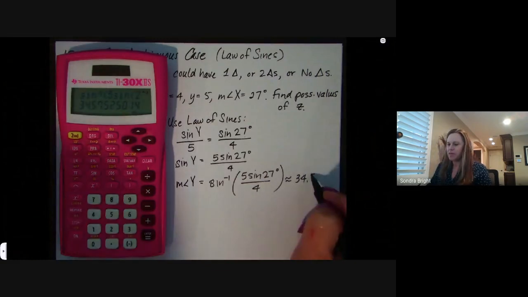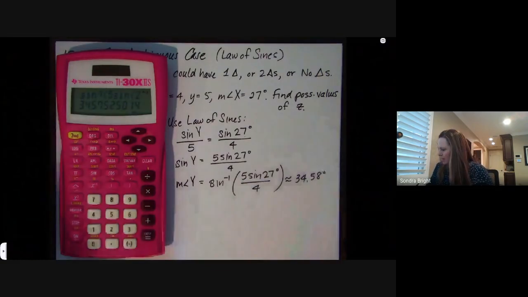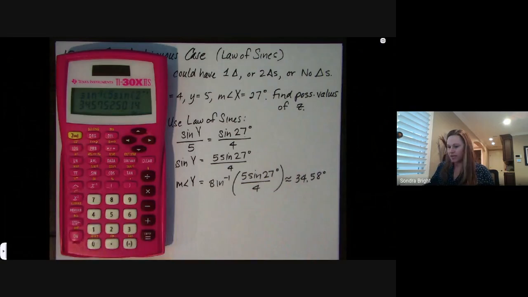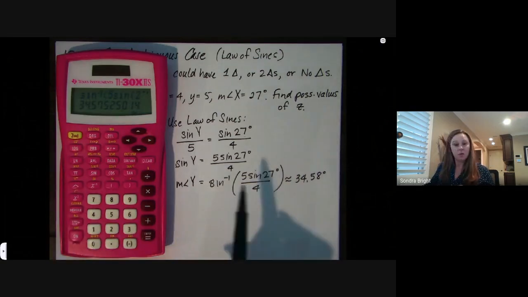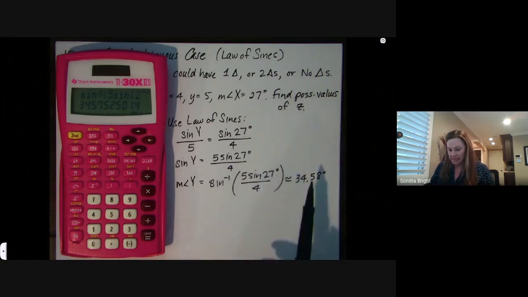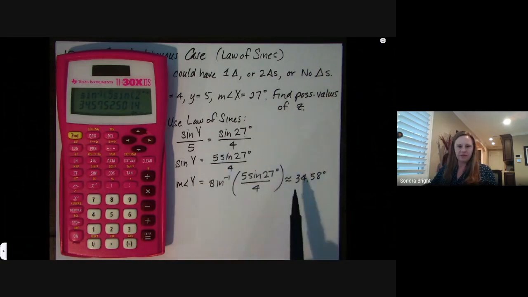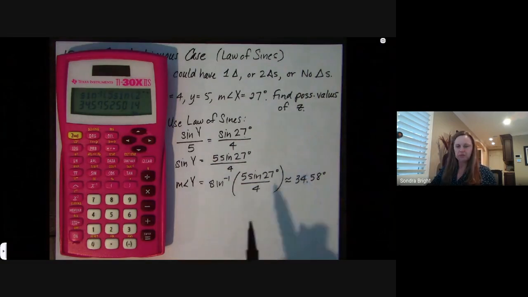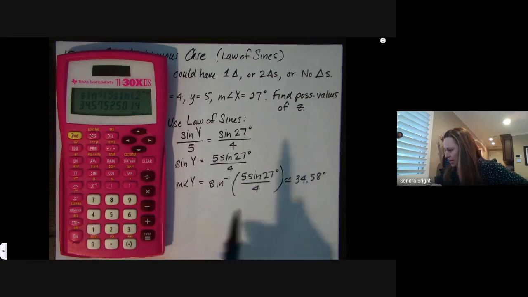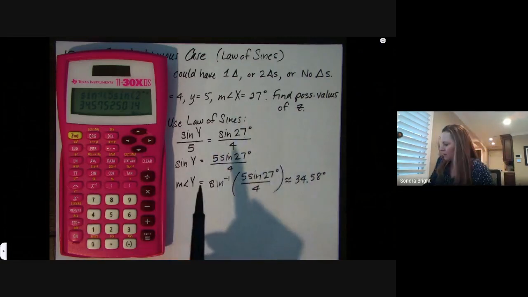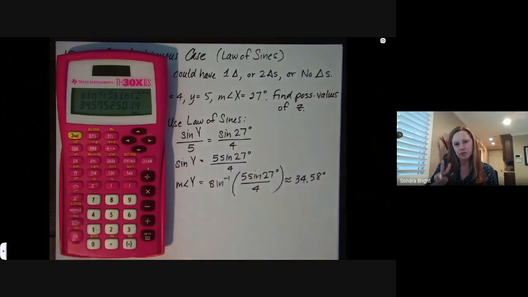Okay, now here's the deal. Now that I've got angle X and angle Y, I can find angle Z, and then I can find side z. But here's the deal with the pain in the butt side-side-angle triangle: you could have two triangles.